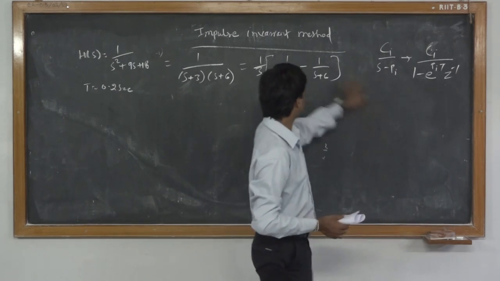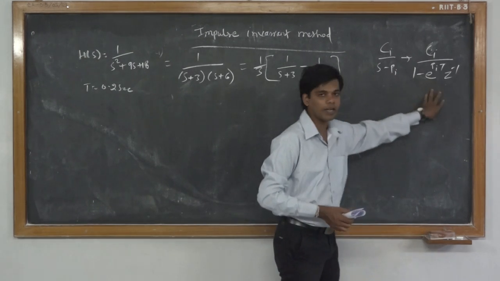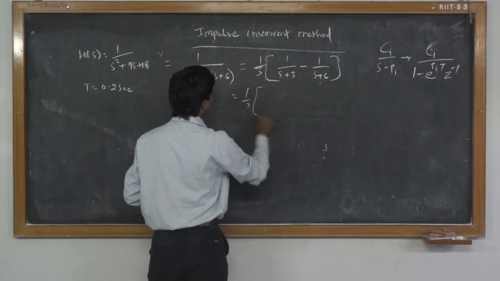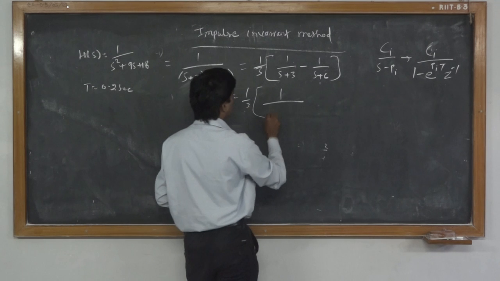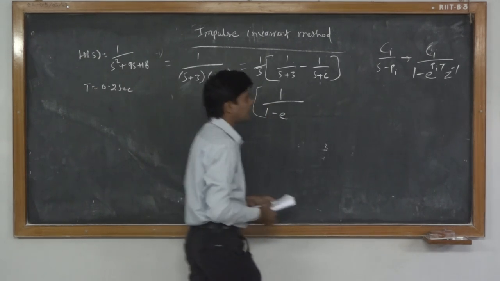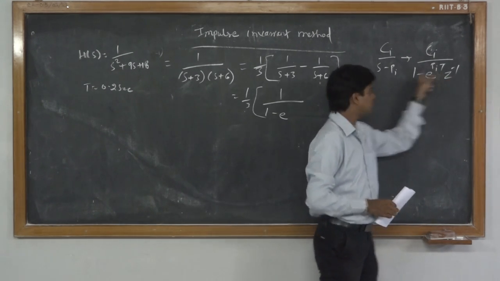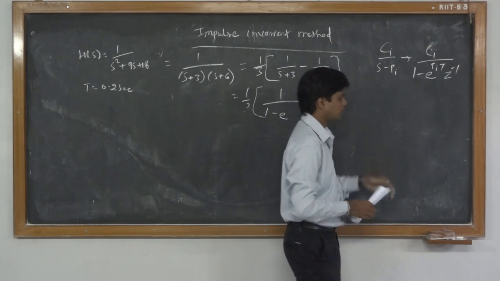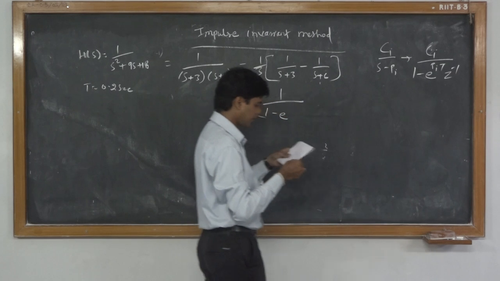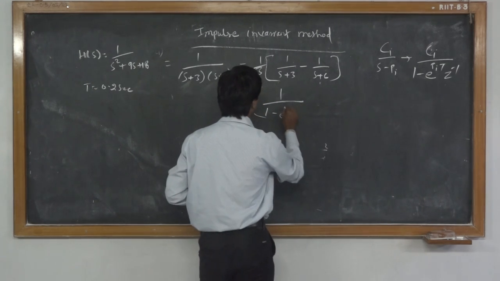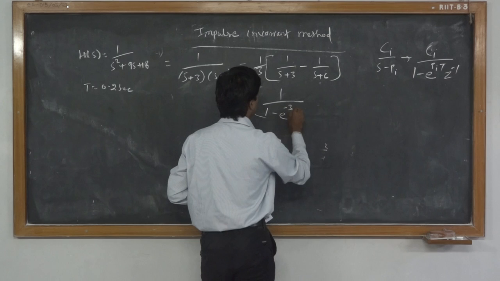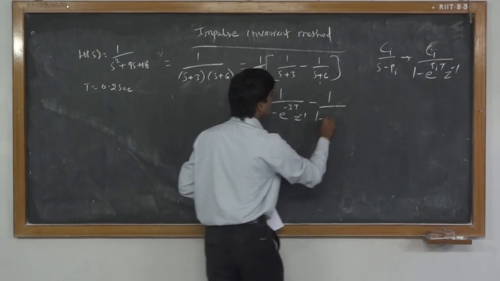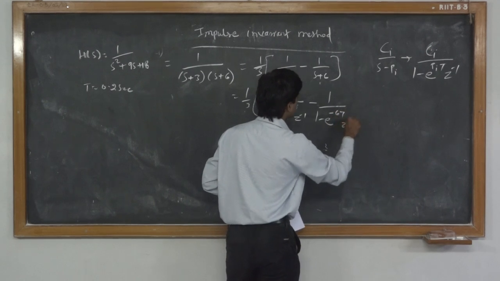Okay, so in this case, these two things are exactly similar to what I have written on the board, that is in the case of the impulse invariant method. So we can directly write it as 1 upon 1 minus e raised to pi T z inverse. This pi is the poles, and this pole in this case is minus 3, and the pole in this case is minus 6. So we are going to end up with 1 upon 1 minus e raised to minus 3T z inverse minus 1 upon 1 minus e raised to minus 6T z inverse.